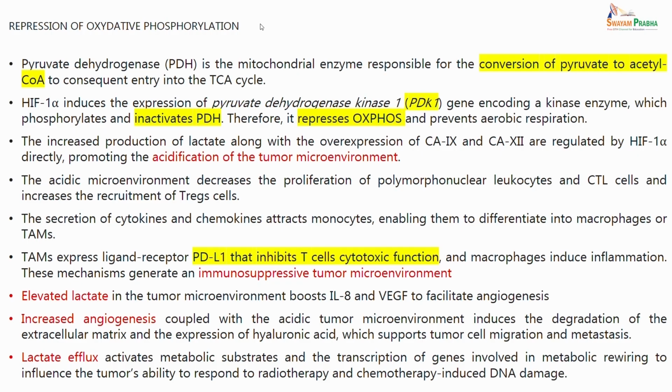So, elevated lactate will also boost the interleukin 8 and VEGF to facilitate angiogenesis. So, we see that how much a pH change within the TME can disturb the homeostasis. The increased angiogenesis coupled with an acidic tumor microenvironment will lead to degradation of the extracellular matrix and expression of hyaluronic acid, which will support the tumor cell migration and metastasis.